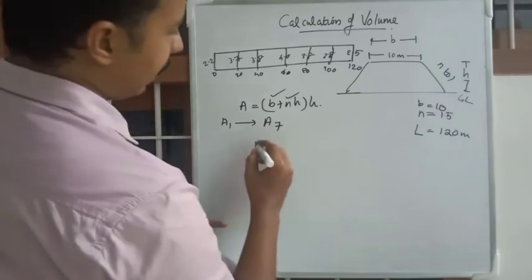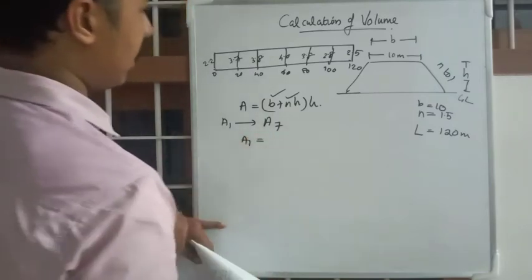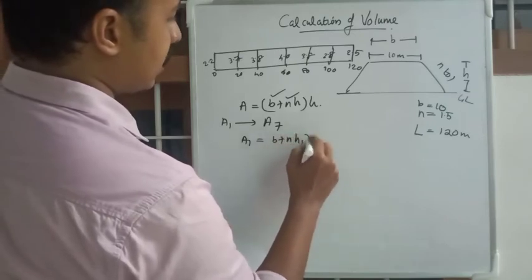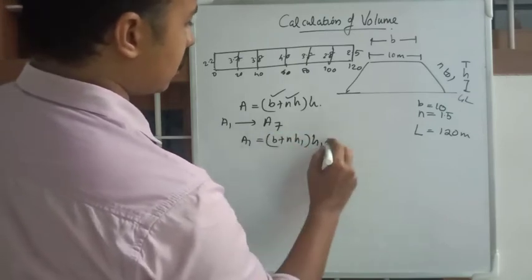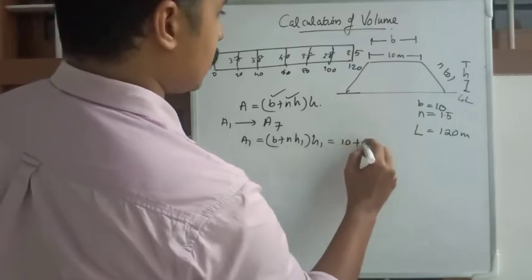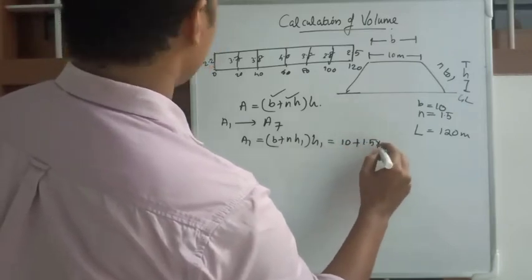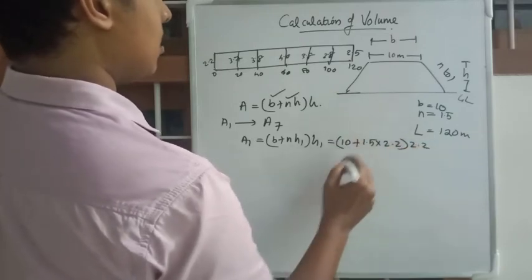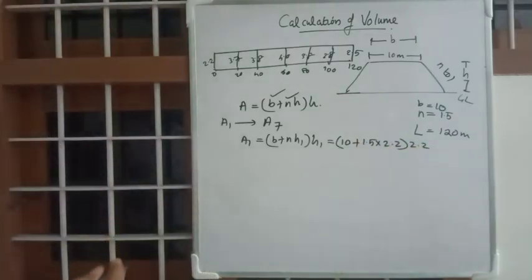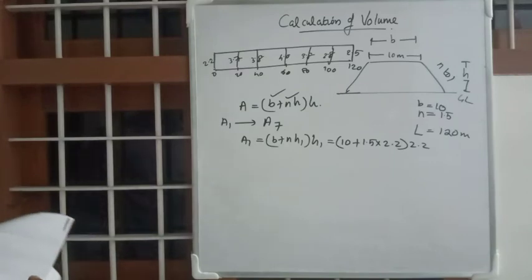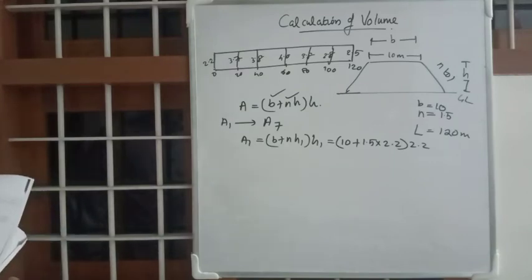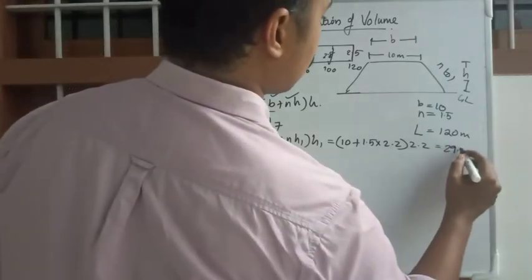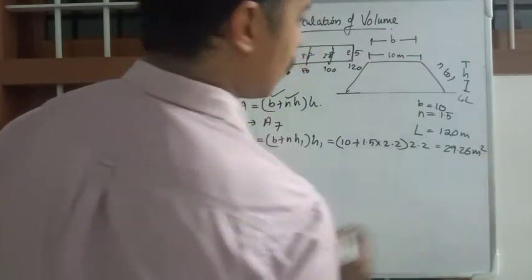So A1 is equal to B plus NH1 into H1, that is 10 plus 1.5 into 2.2, into 2.2, that is 29.26 meter square.